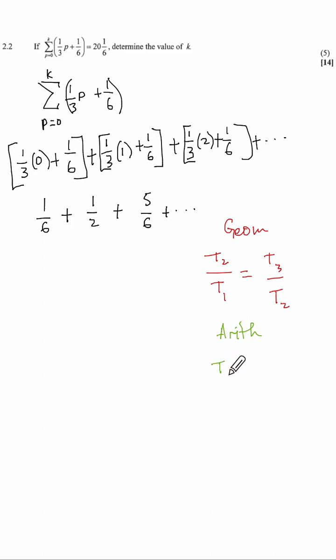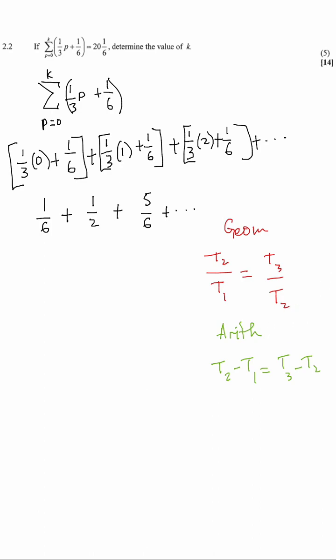So if I say t2 minus t1, it should be equal to t3 minus t2, right? Of course this is t1, t2, t3. So I can test whether t2 divided by t1 is equal to t3 divided by t2. If it does not hold, then I can try arithmetic to see if subtraction holds. If it holds, then it would be arithmetic.